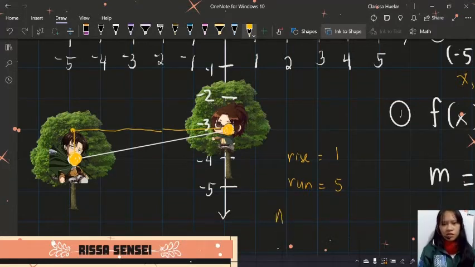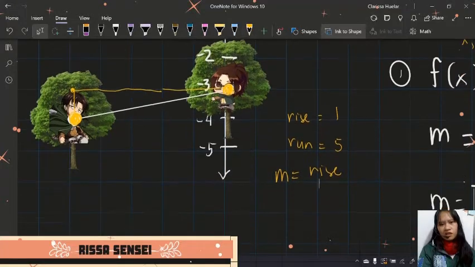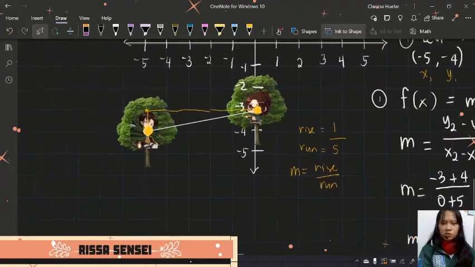What is the other formula for slope? That is rise over run. So, that's 1 over 5, which is the same as the slope that we got earlier.